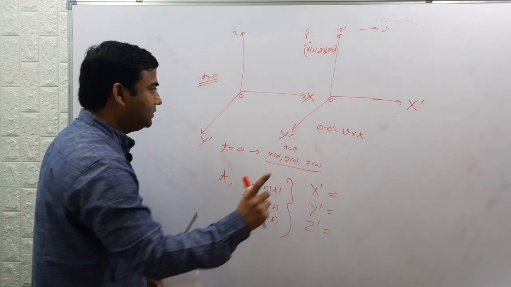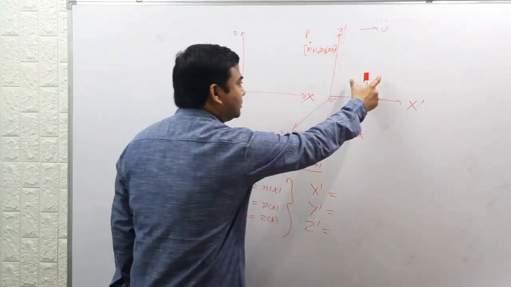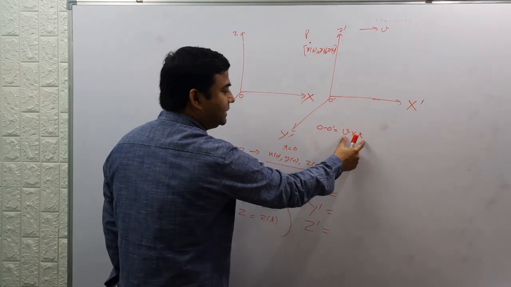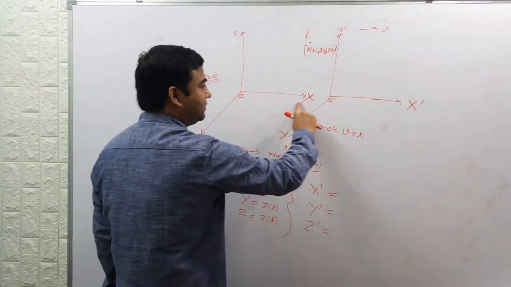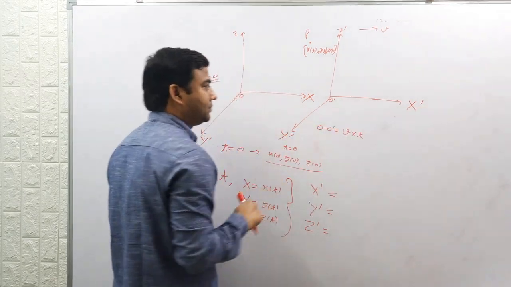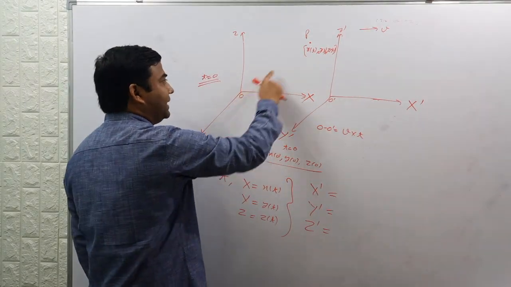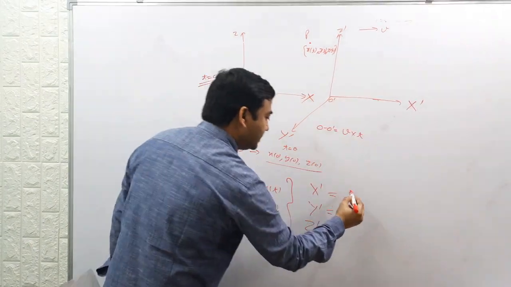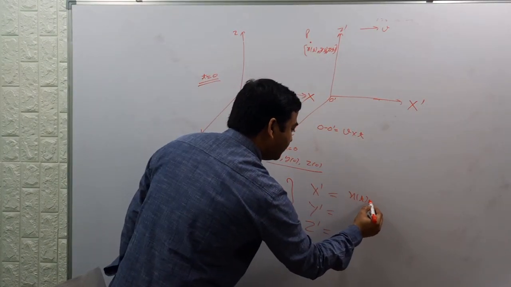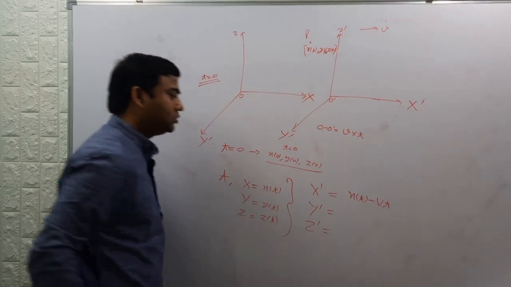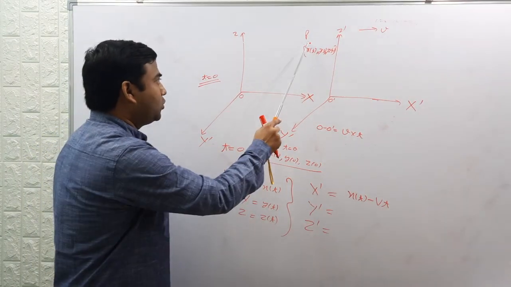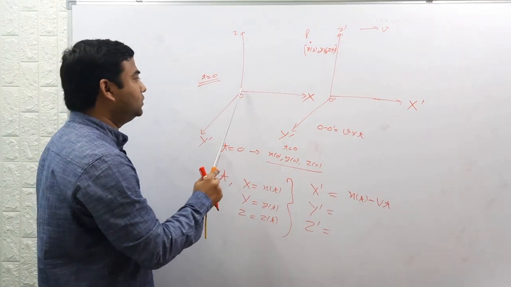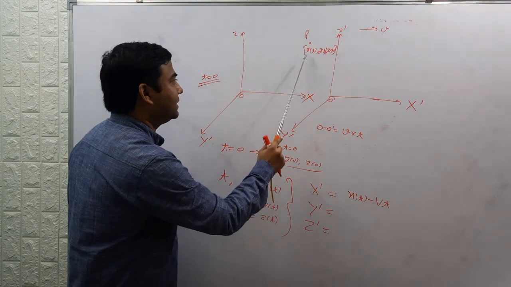So we can say easily, you can imagine the x coordinate in this system will be reduced by Vt distance, because this frame has travelled Vt distance in the x direction and this point has travelled x(t) distance. So the net distance relative to this frame is x(t) minus Vt. This you can easily understand. This point from t equal to 0 to t equal to t moves along the x axis x(t) distance.